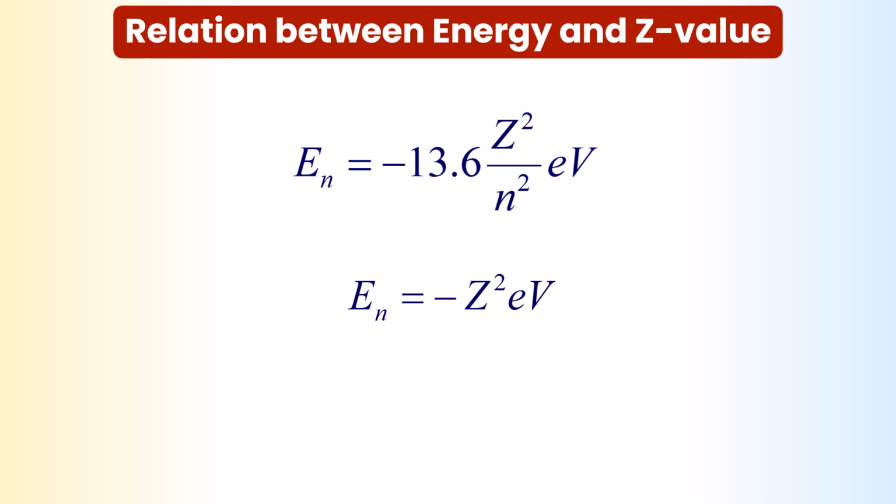We can write the relation between energy and Z value. When n is constant, energy is proportional to minus Z square. That means when the Z value increases, the energy becomes more negative.